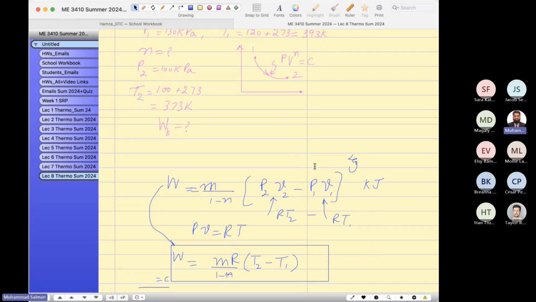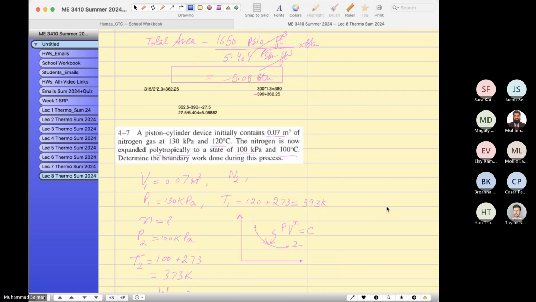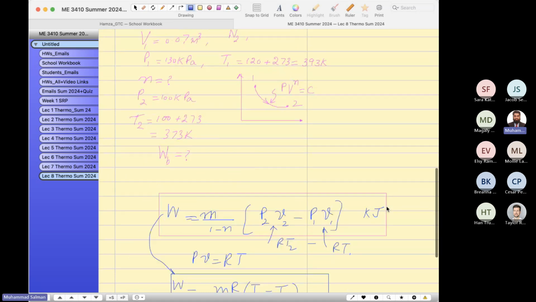I would say use this option. Let me erase this portion here. And the answer should be in kilojoules. Determine the boundary work done during the process.